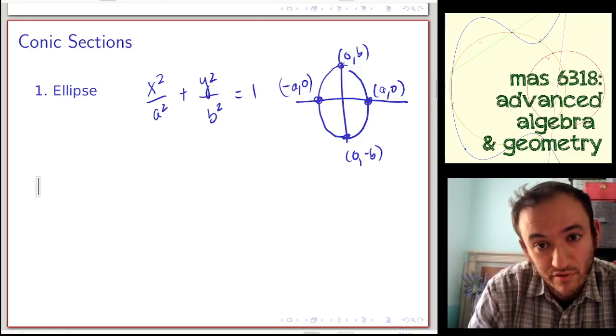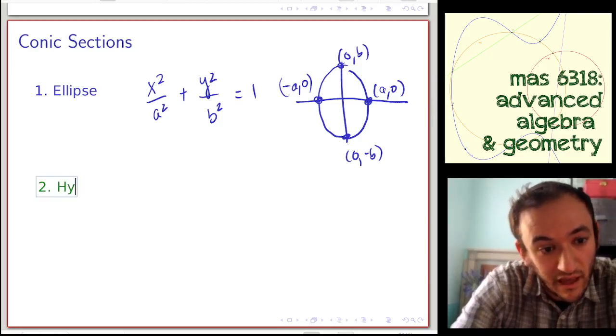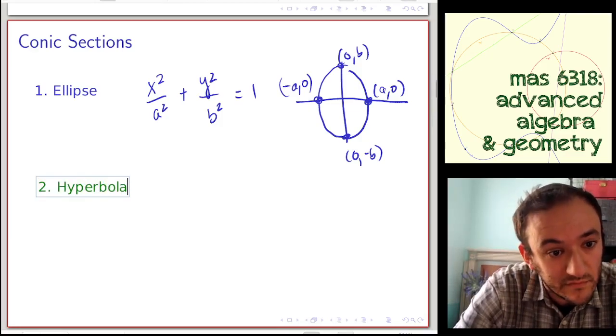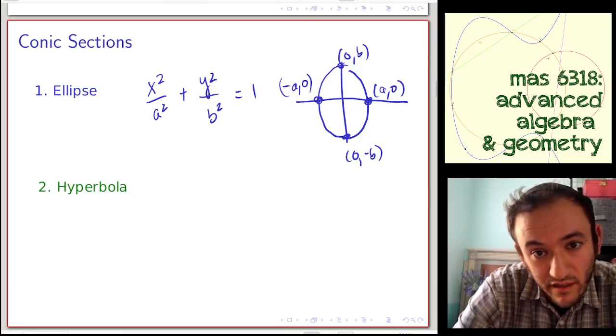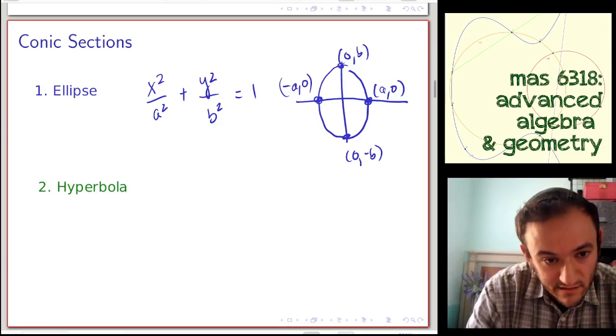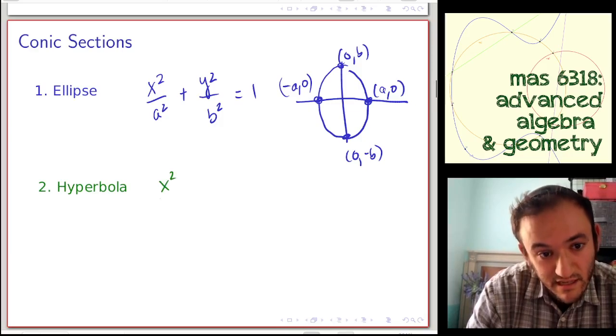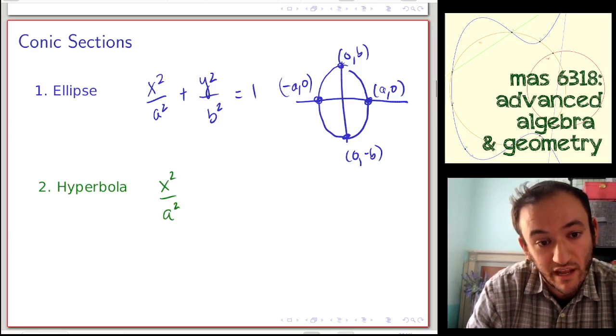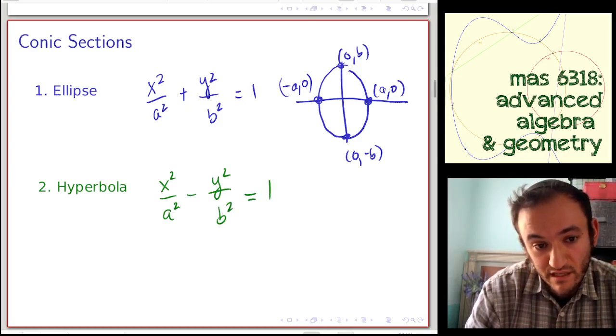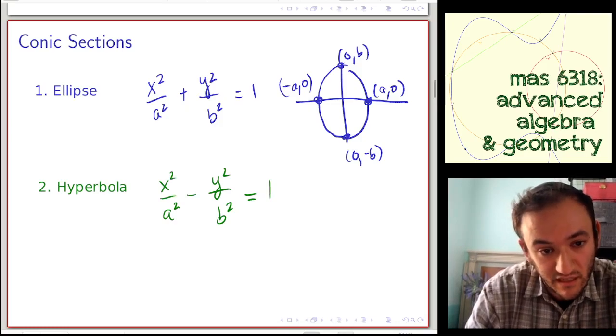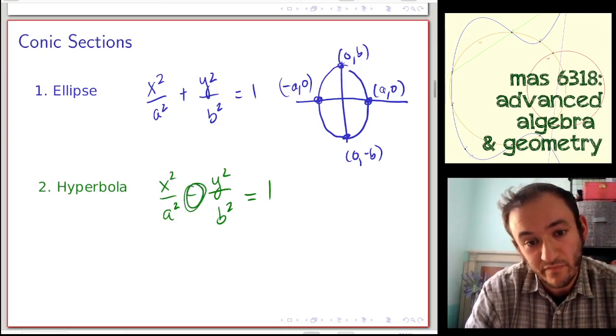Next up will be the hyperbola. The classic example is x²/a² − y²/b² = 1. The key here is this minus sign.